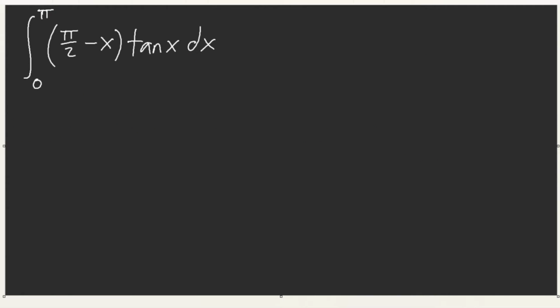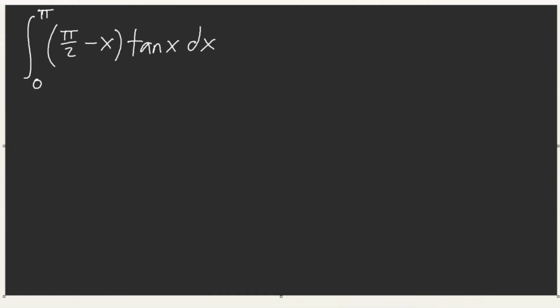So what do we do here? How do we solve this integral? You might be tempted to just kind of distribute, but let's take a step back. Maybe there's a reason why this is here, right?